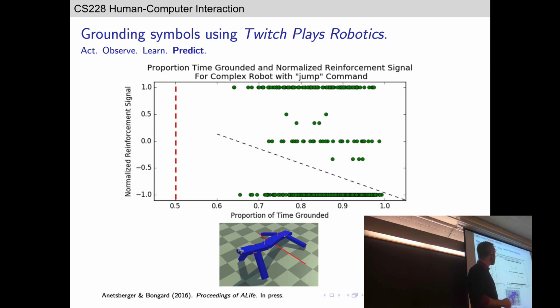What happens if the robot does something and spends 100% of its time on the ground, which it has never done, something that has never been seen by the crowd? What does the robot predict the crowd will say about this? Unanimous negative reinforcement.